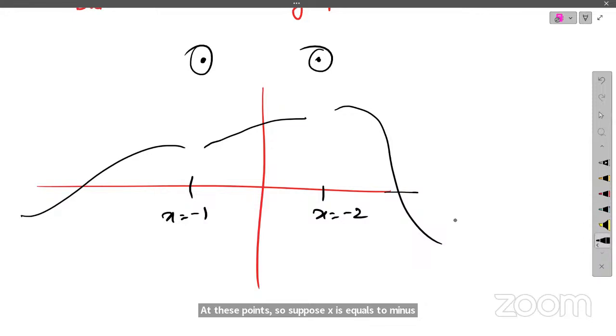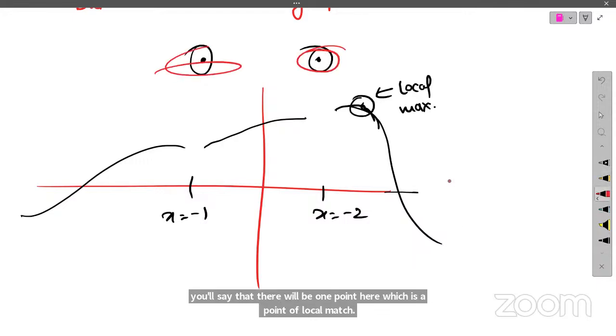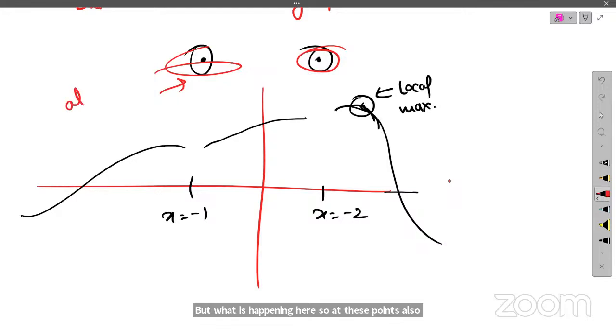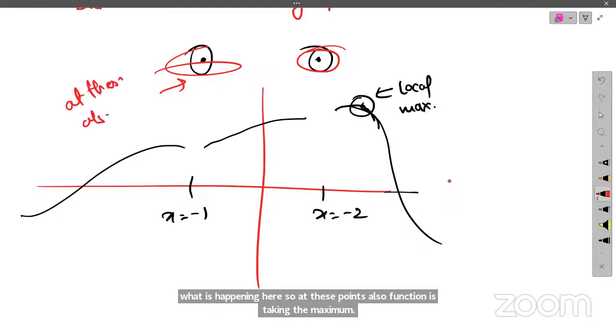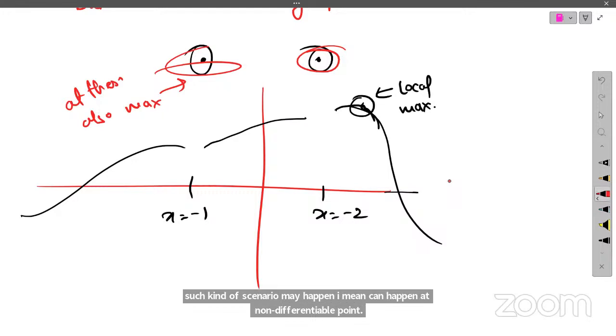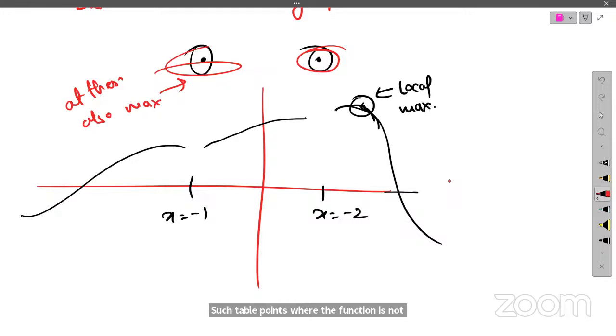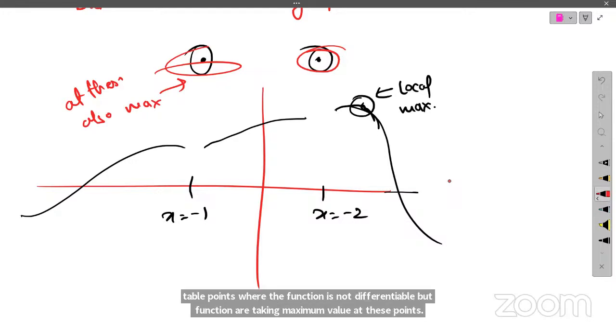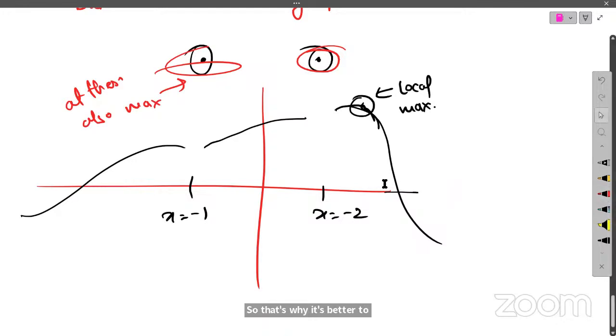If you want to look at the local maxima or minima, you'll say that there will be one point here, which is a point of local maxima, right? But at these points also, the function is taking the maximum. Such a scenario can happen at non-differentiable points. So these are points where the function is not differentiable, but the function takes its maximum value. So that's why it's better to include points where the function is not differentiable.